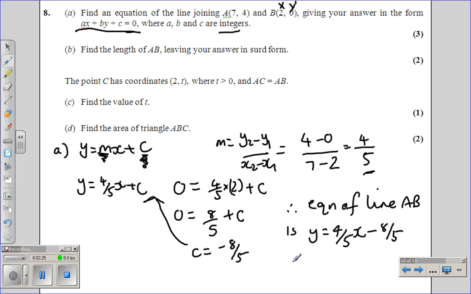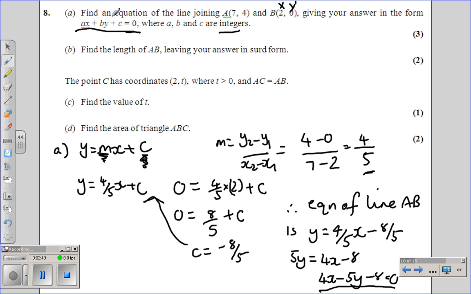So we need to multiply everything by 5 to get rid of the fractions, and then rearrange so it's ax plus by plus c. I'll leave the x's where they are because they're positive. Take the y's over. Still be -8, and it equals 0. So that is your equation of your line AB.